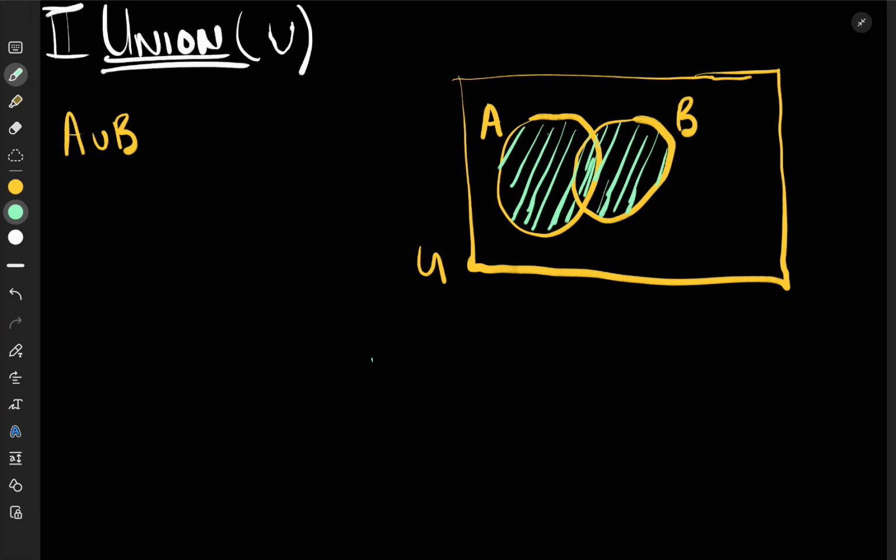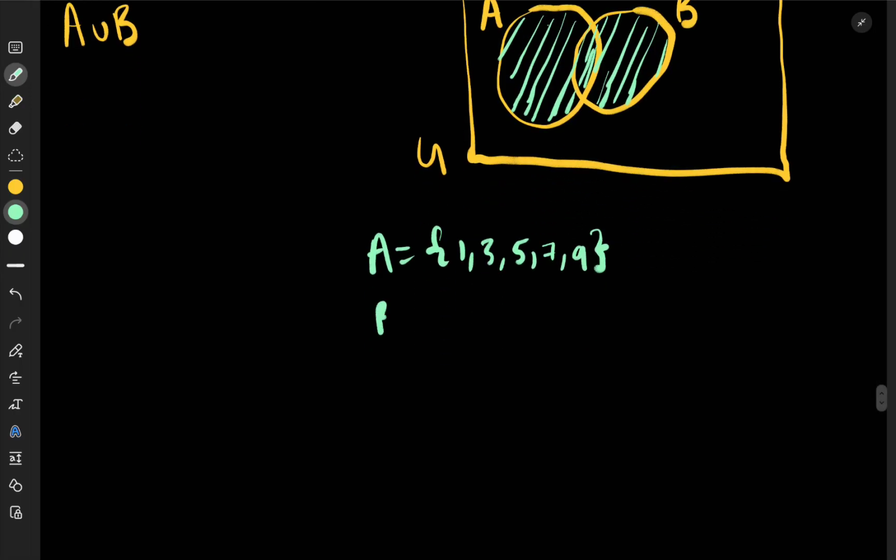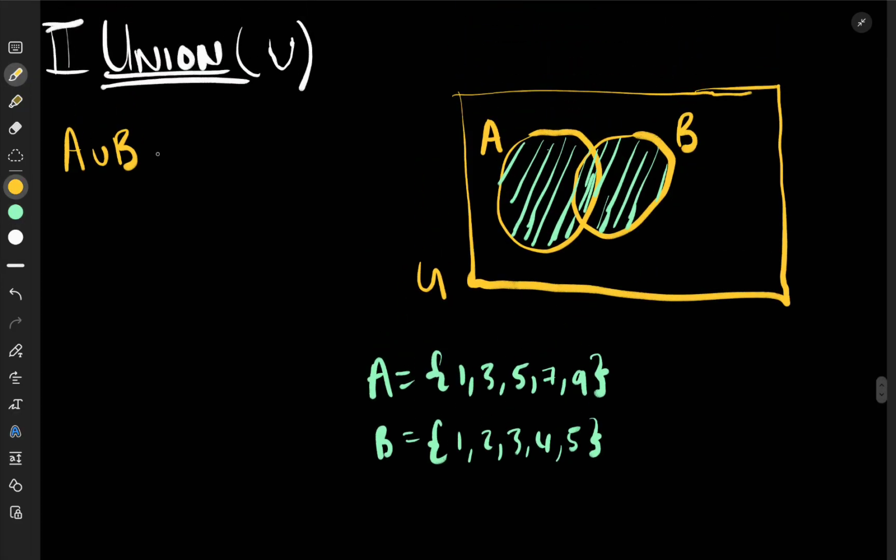So let's say that A is made up of the numbers 1, 3, 5, 7, 9, and B is made up of the numbers 1, 2, 3, 4, 5. Let me first tell you what A union B would be in set builder notation. First we choose our variable.